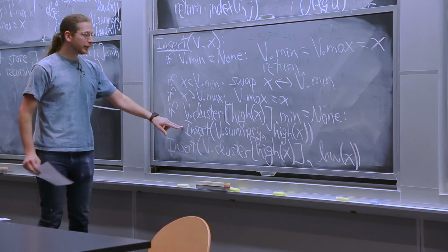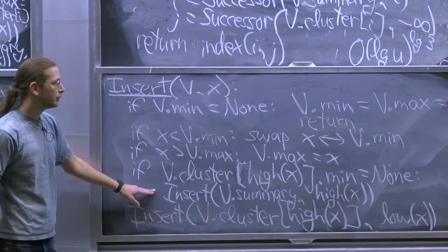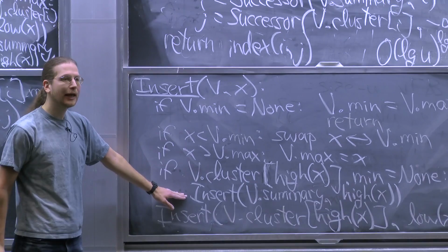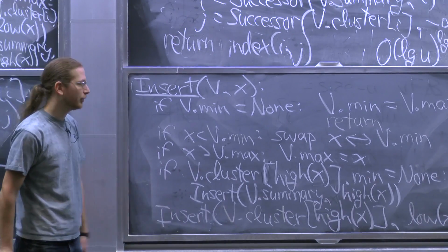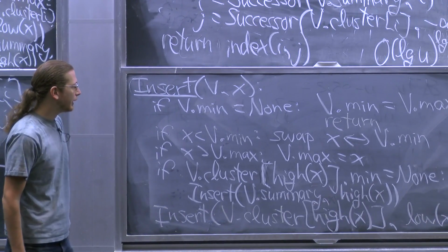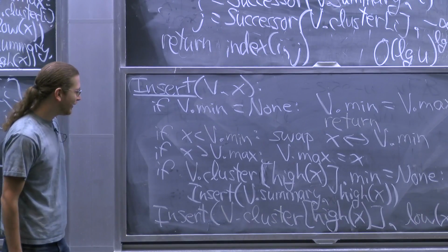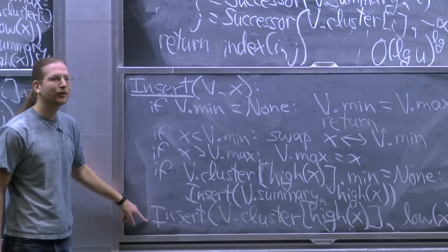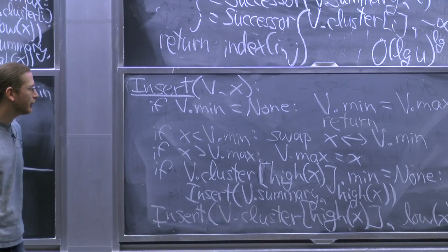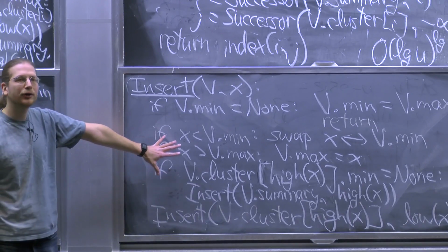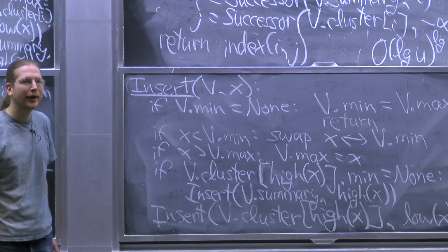But I'm only doing that in the case when I need to. If it was already non-empty, I know this has already happened, so I don't need to bother with that insertion. OK, this is a weird algorithm because it doesn't look much better. In the worst case, we're doing 2 recursive calls to insert. But I claim this runs in log u time. Why?